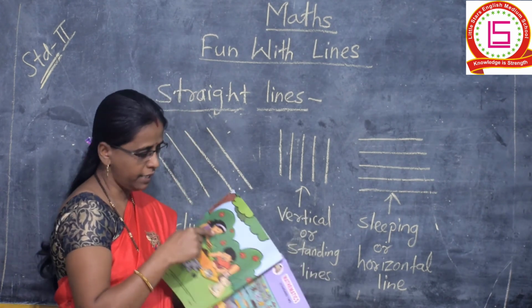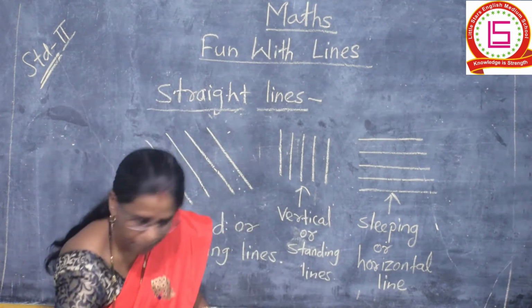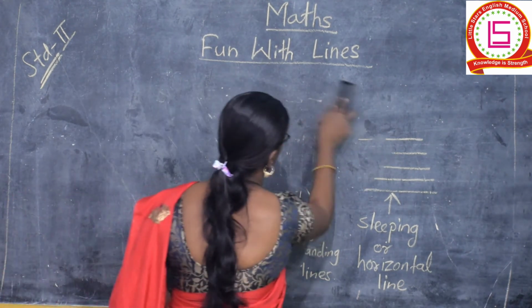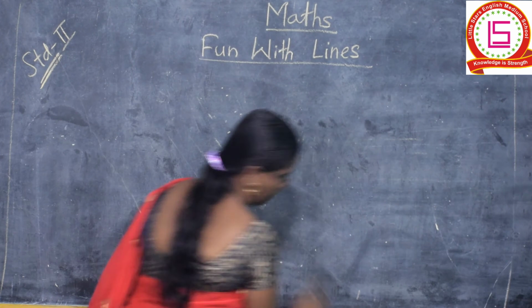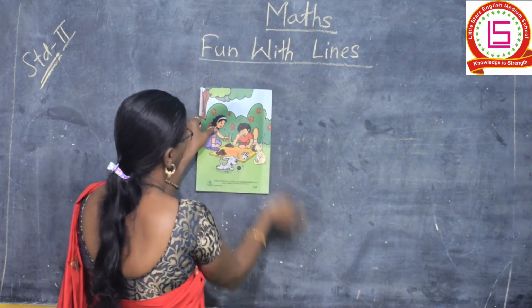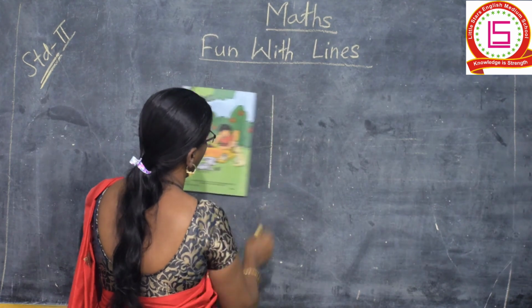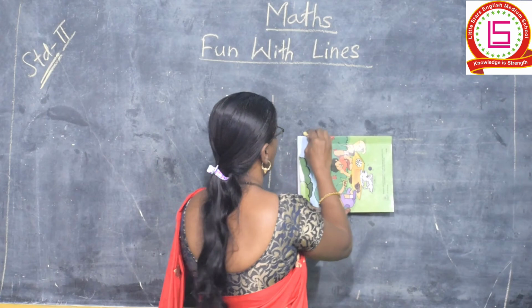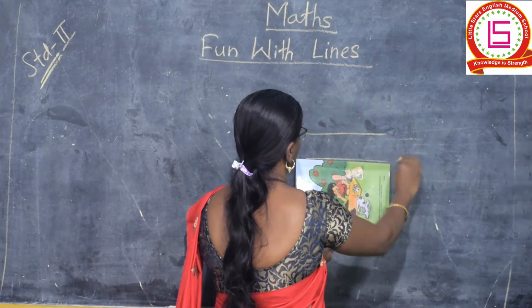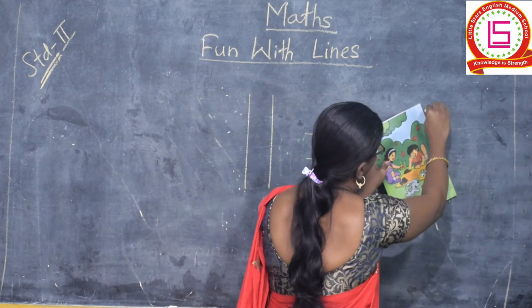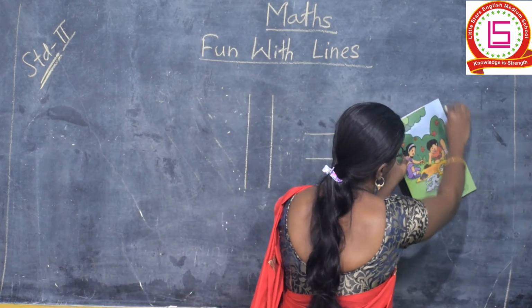Take a book like this and draw lines with the help of this book. You also draw lines like these, and also draw an inclined line with the help of the book.